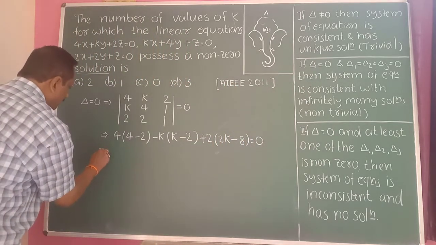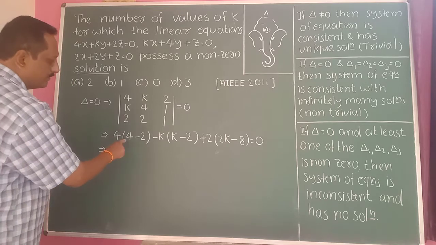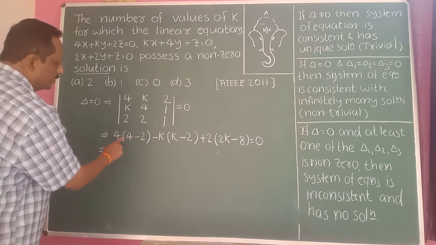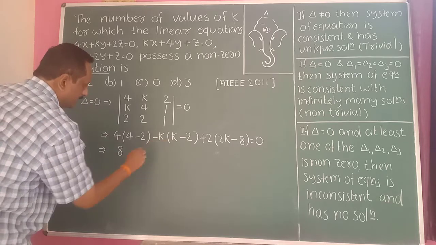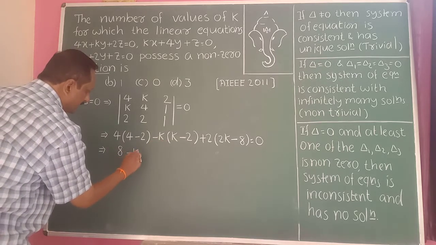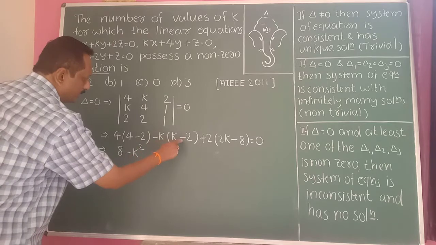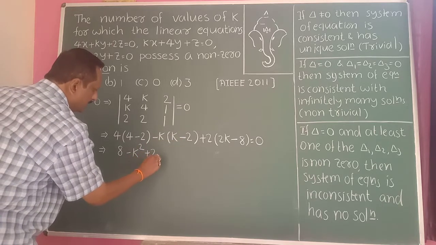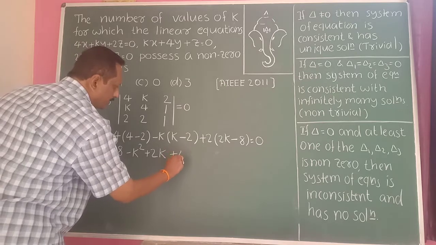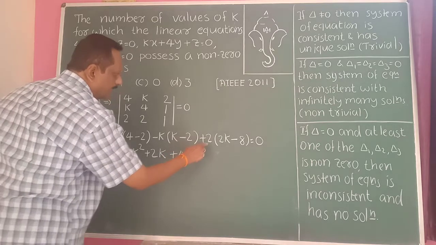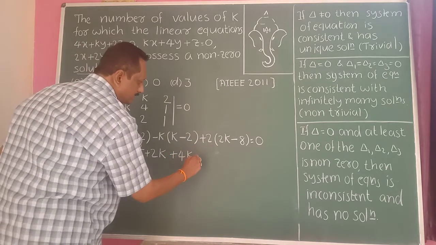Therefore, this implies 4 minus 2 becomes 2, 2 4s are 8 here. Minus k into k becomes minus k square here. Minus k into minus 2 plus 2k. Then 2 2s are 4 plus 4k. 2 8s are 16 here.